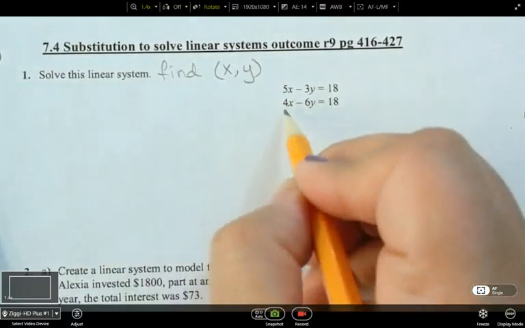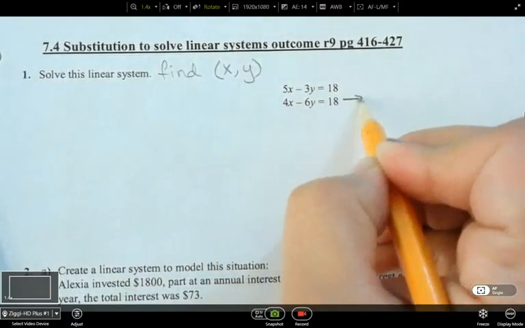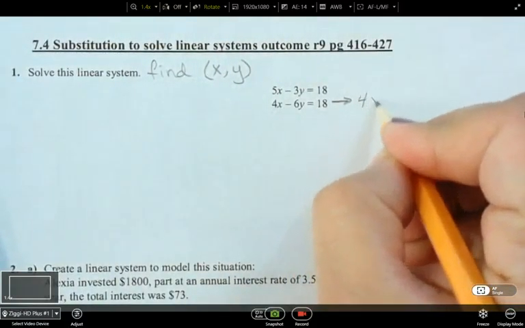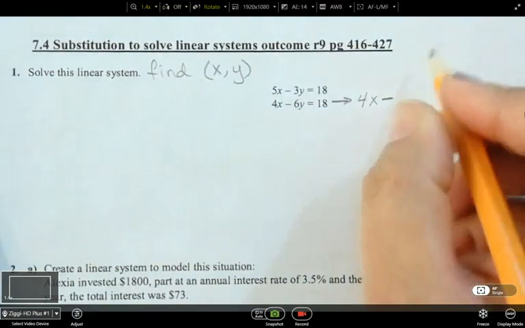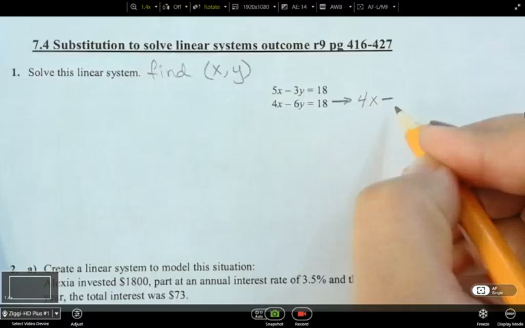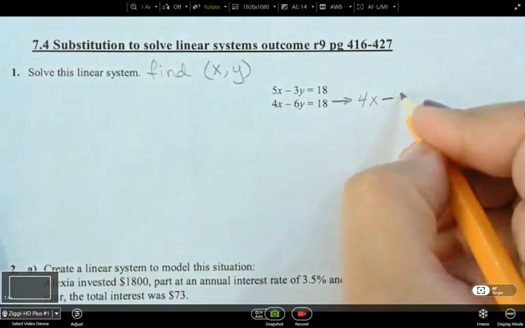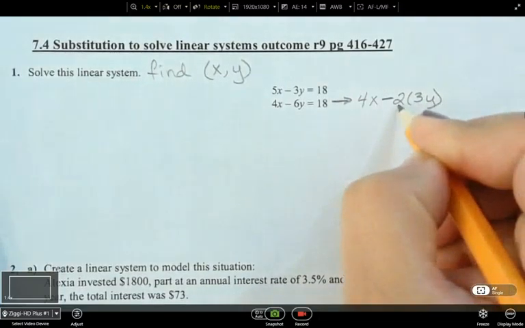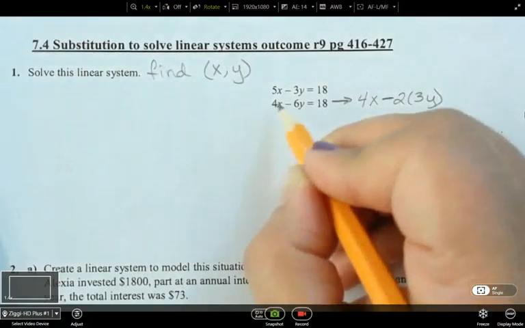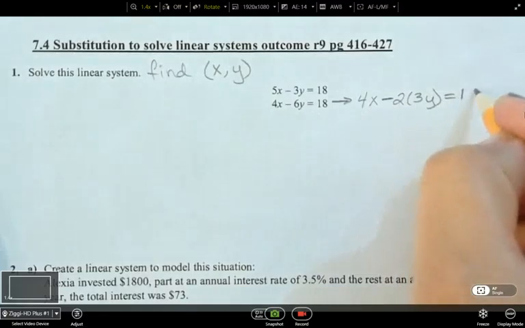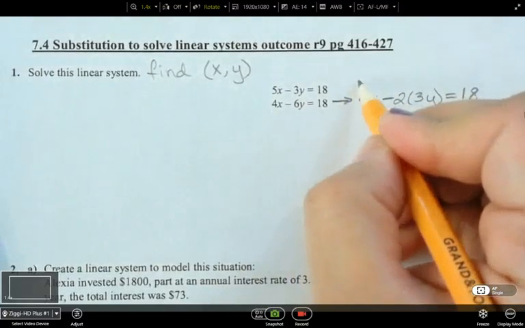And what I want you to do is notice how I can rewrite this second equation so that I've got 4x minus, and then I'm going to break up the 6y so that it looks like 2 times 3y. Do you agree with me that when I multiply this 2 and 3 together, I get back to 6y? Yeah? Okay, good. So that's the key to solving this equation more easily.